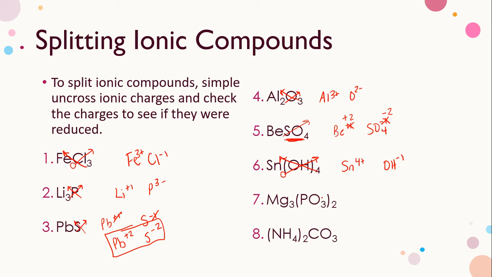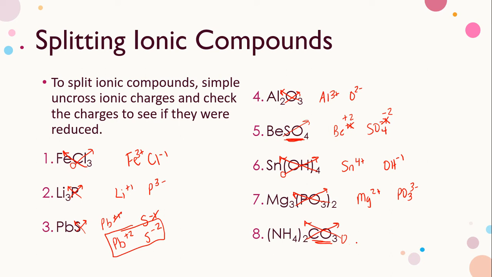And when you check the polyatomic chart, yes, that is an understood 1. When you get down here, we can still uncross. So uncross here and uncross here. Magnesium gets that 2. Phosphite gets the 3. When you check it, phosphite is a 3 negative and magnesium is in group 2. So that checks out as well. And then the very last one, when we uncross from down here on carbonate, we can't move that 3 because it's part of carbonate.